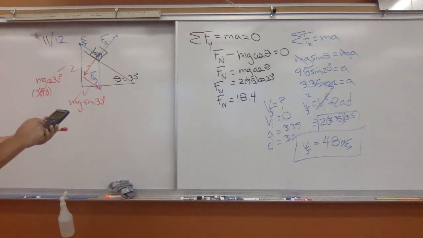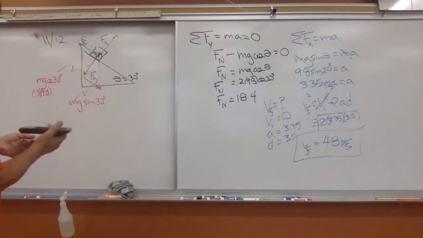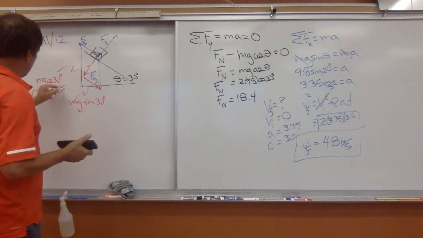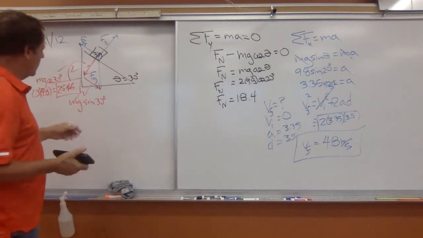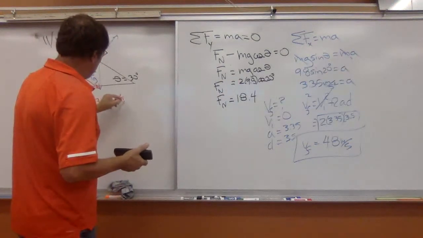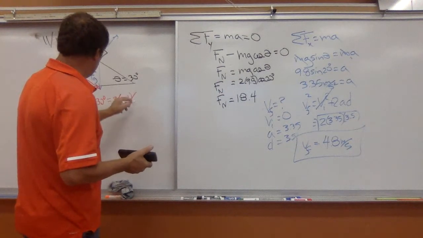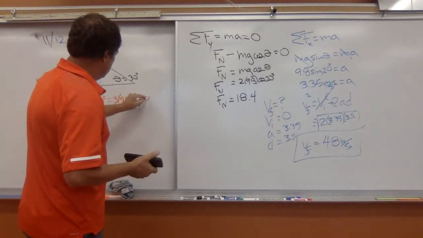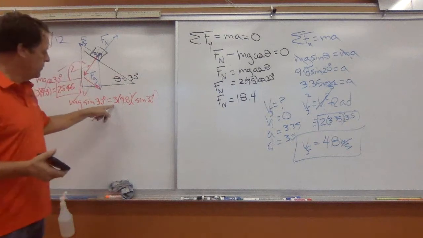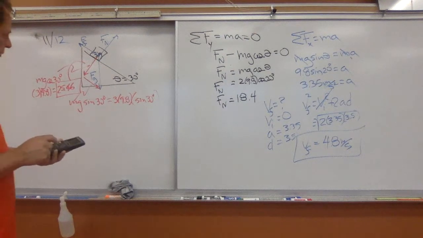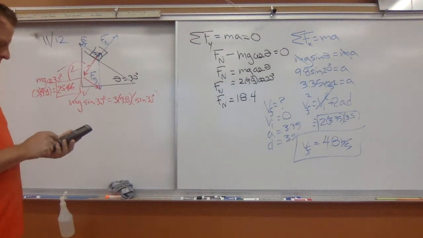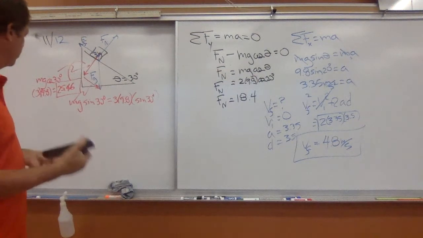Now we're going to have 3 times 9.8 times cosine of 30, which is 0.87. Times 9.8 times 3 is going to give us 25.46, and that is our force of gravity in the Y. And on this one, we're going to have 3 times 9.8 times the sine of 30. 3 times 9.8 is 29.4, divided by 2 is equal to 14.7.